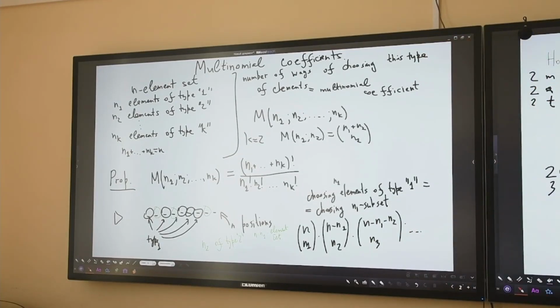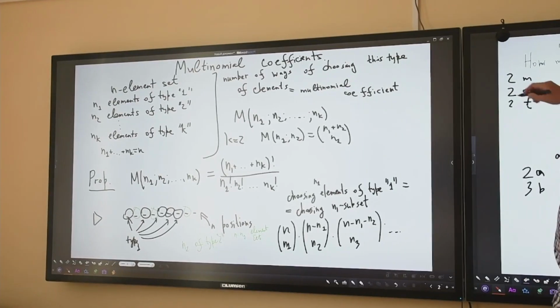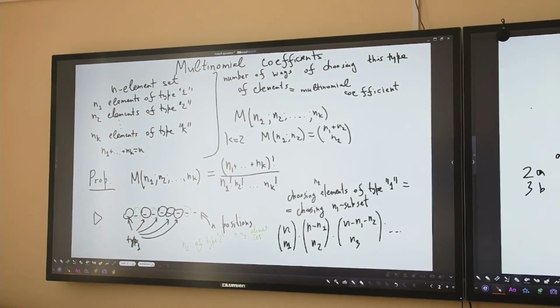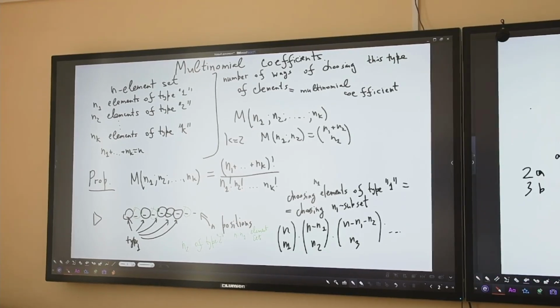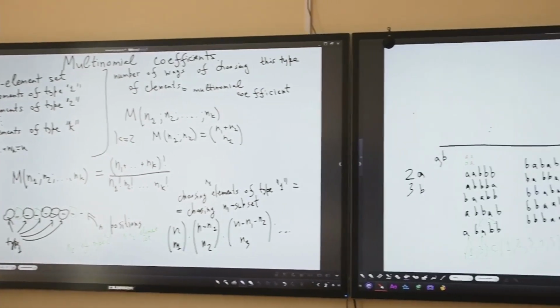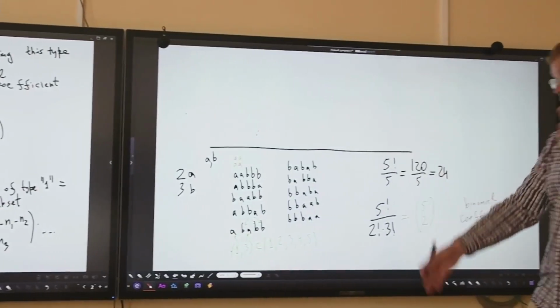So if I calculate this, I just use the formula for the binomial coefficients, and then after calculation, I will get this formula.